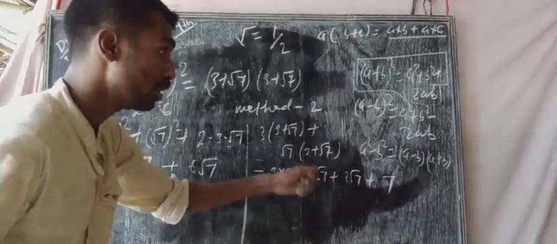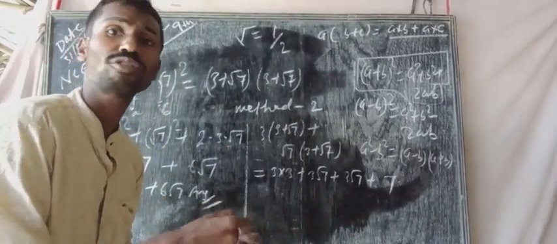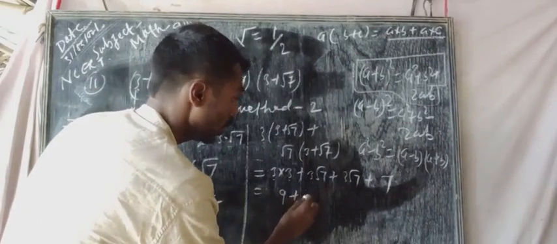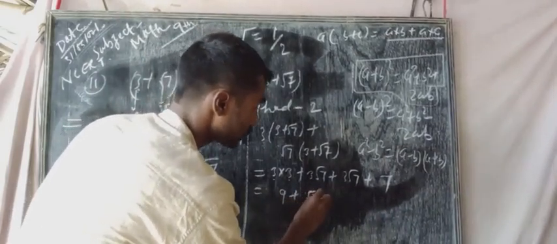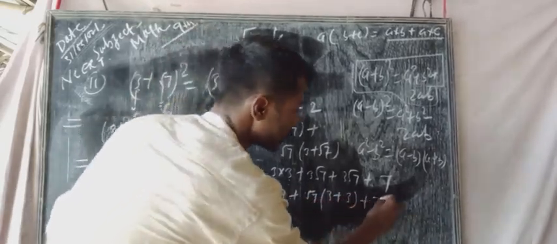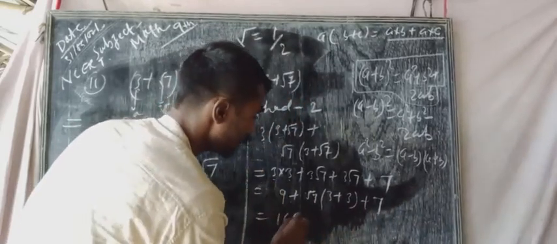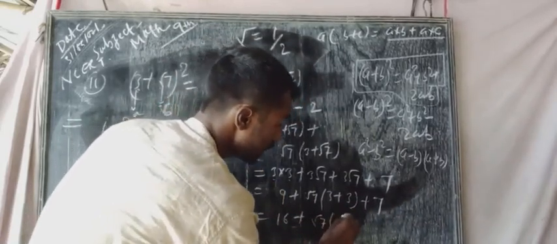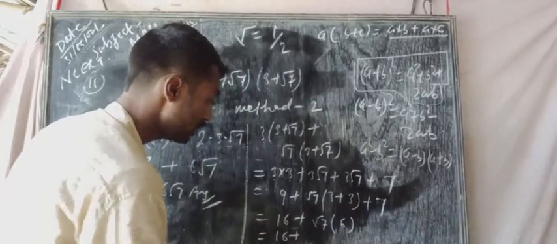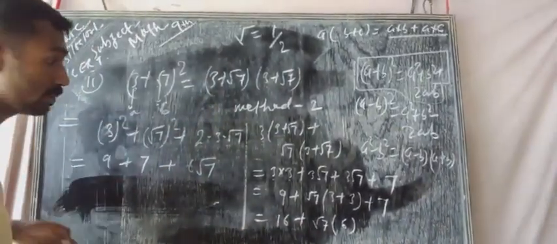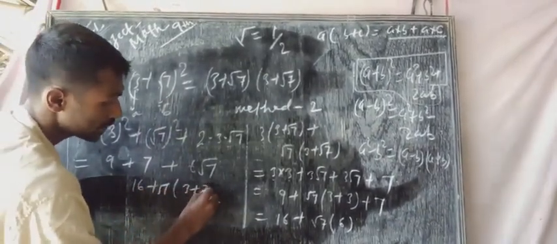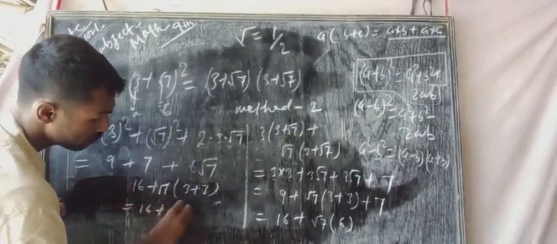Now root 7 into root 7 means root 7 whole square, which is equal to 7. Now 3 into 3 is 9, plus 7 is 16, and root 7 is common: 3 plus 3 is 6.